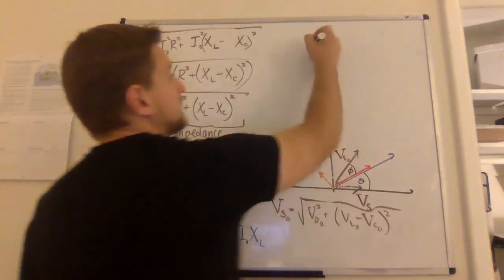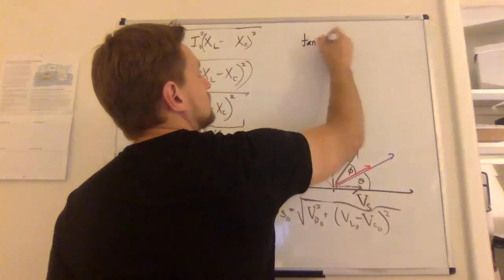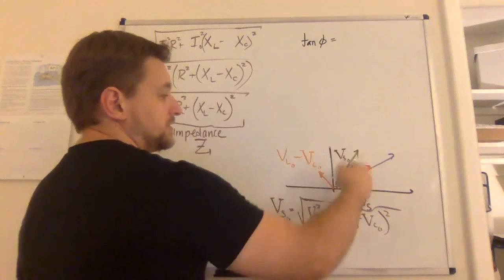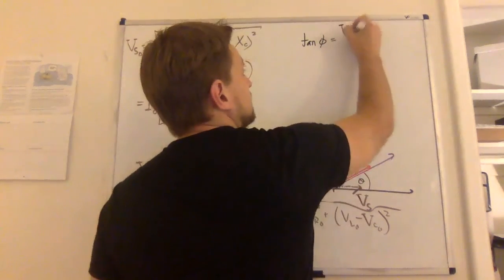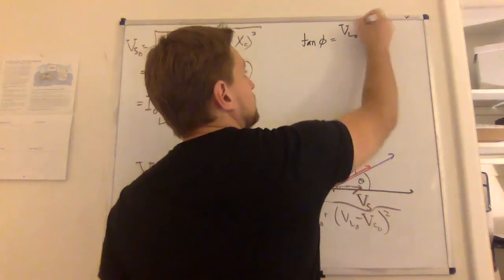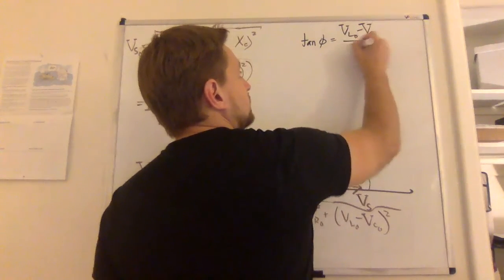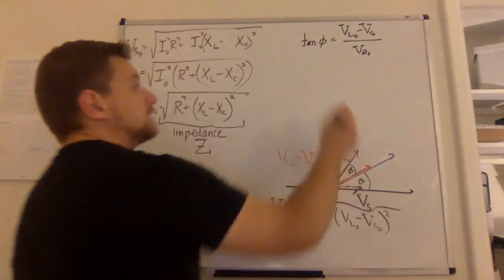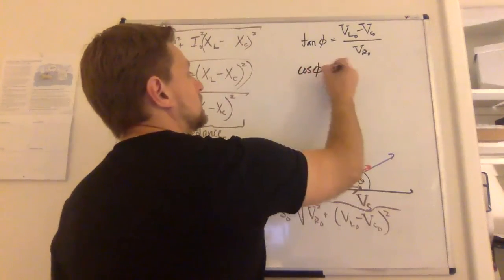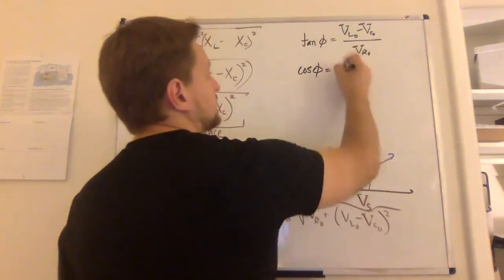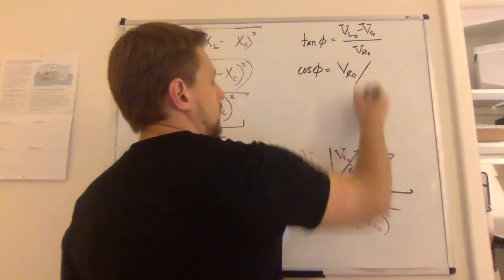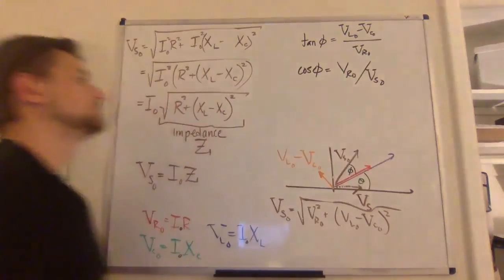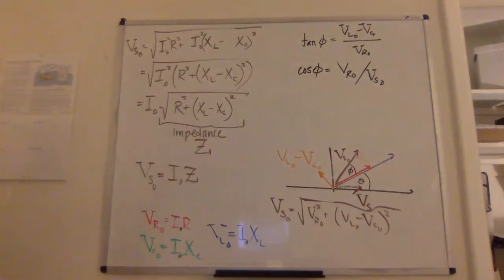We could write that the tangent of that angle is opposite over adjacent: VL0 minus VC0 over VR0. We could write that the cosine of that angle is adjacent over hypotenuse.